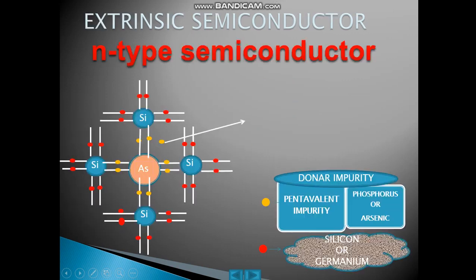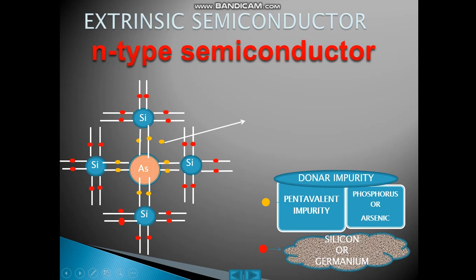Now let us see the extrinsic semiconductor. Now if you have a silicon crystal, if the process of doping is done and one of the silicon atoms here is shown as replaced by arsenic, that way many others are replaced in a single crystal. Arsenic is a pentavalent impurity, and it can also be phosphorus, another example.